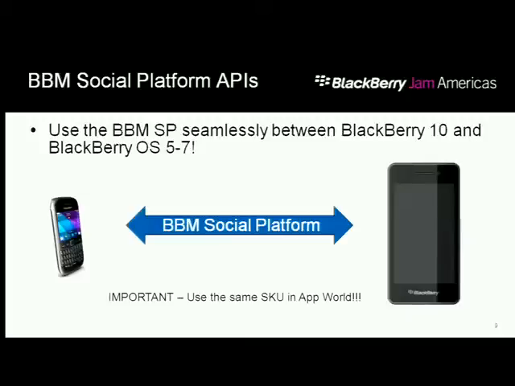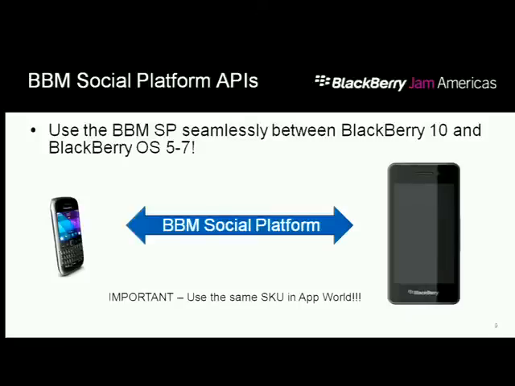And one thing I want to be clear about is, as Nick said, we've kept the APIs very similar on both sides. That means the API calls are compatible between our older OS and the newer BlackBerry 10. So features that you're adding in one, people will be able to see in their BlackBerry Messenger client, no matter if they're running BlackBerry 10 or BlackBerry 7. Same idea if you're using the transport to pass data between them.